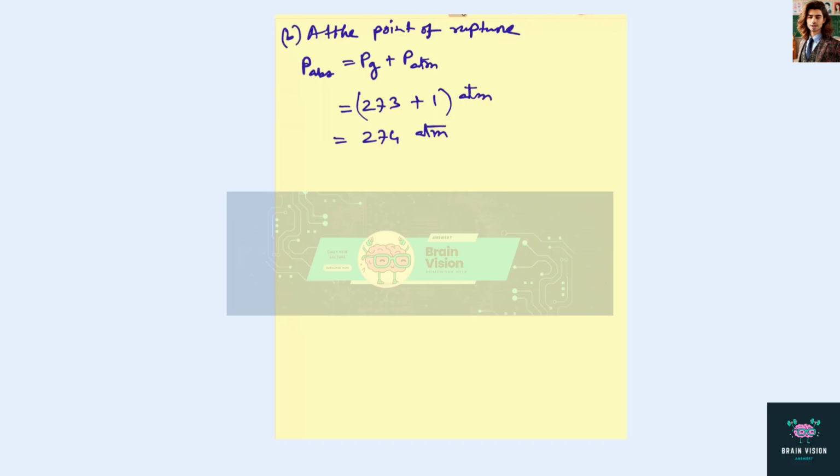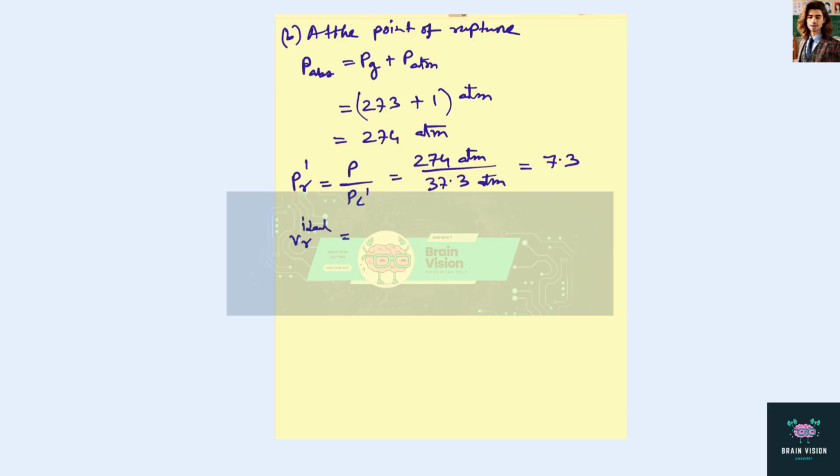Therefore the absolute pressure is 274 atmospheric pressure. We need the pseudo-reduced pressure at 274 atm, which we can calculate using Kay's rule. The pseudo-reduced pressure is 7.3.